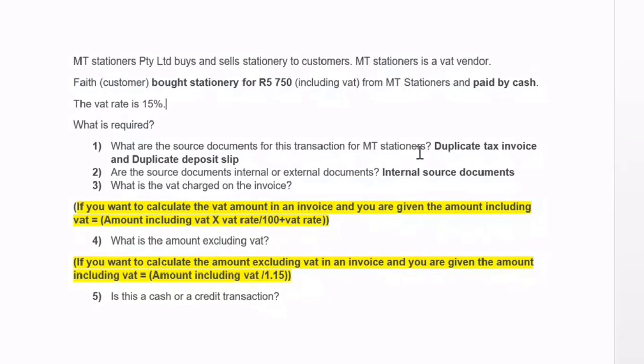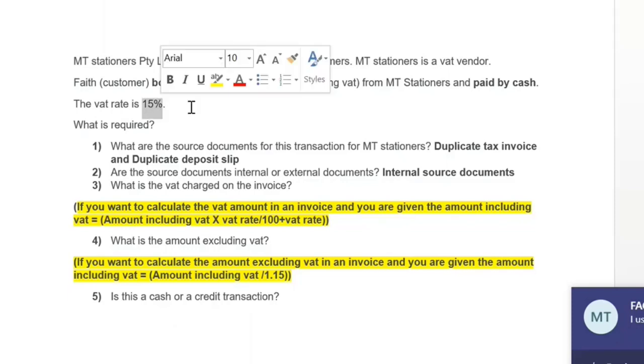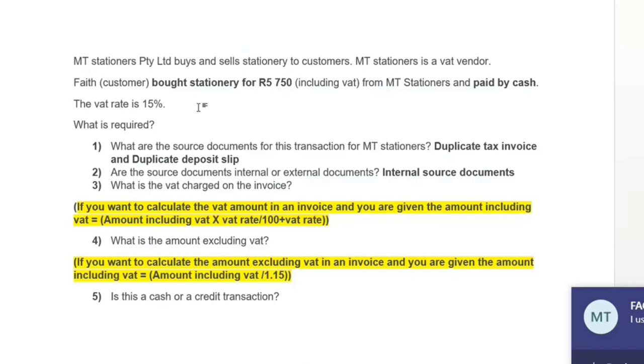The VAT rate is 15%. Maluse, that's why I needed to add that the VAT rate is 15%. The VAT rate is 15%.